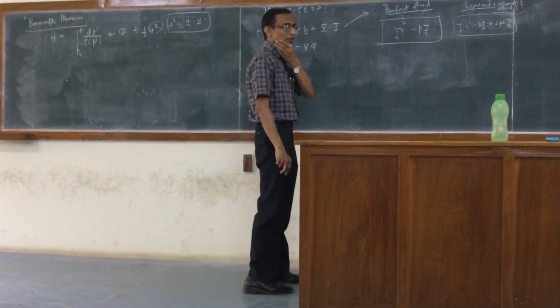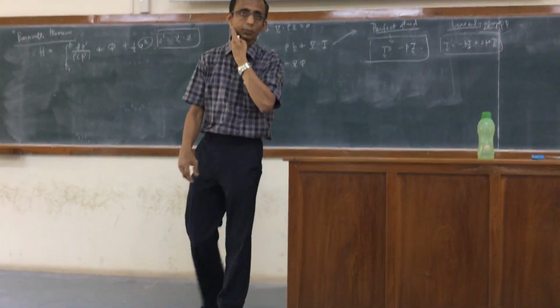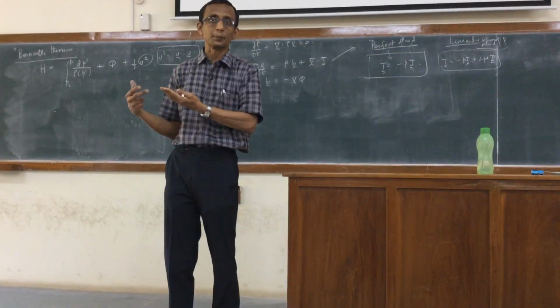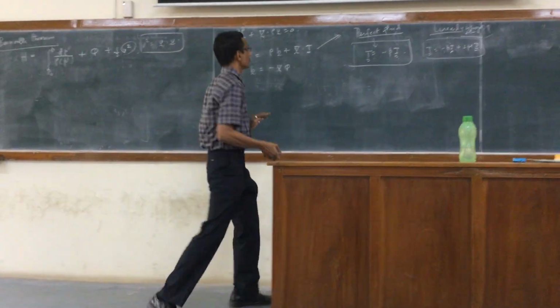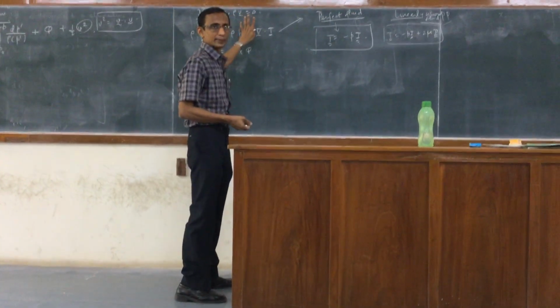Now for the perfect fluid, a perfect fluid can be either compressible or incompressible. If it is incompressible, it is very straightforward: the density is a constant.